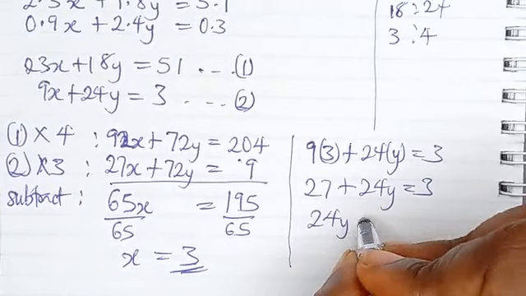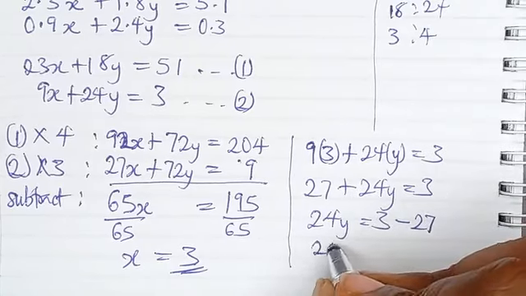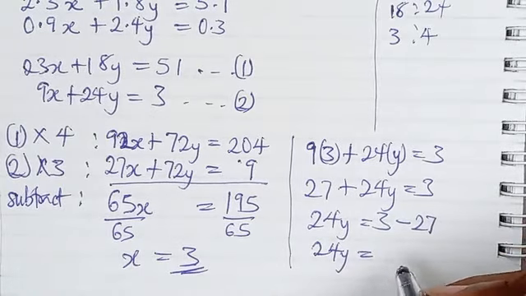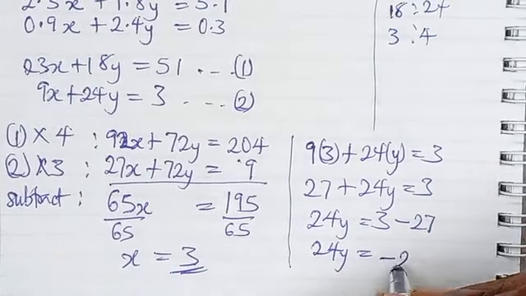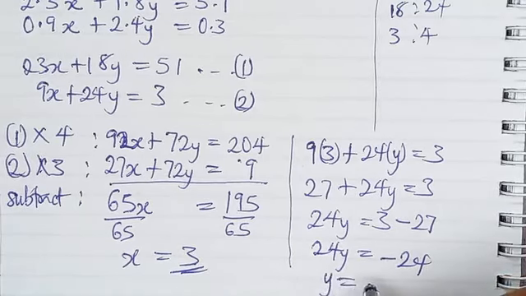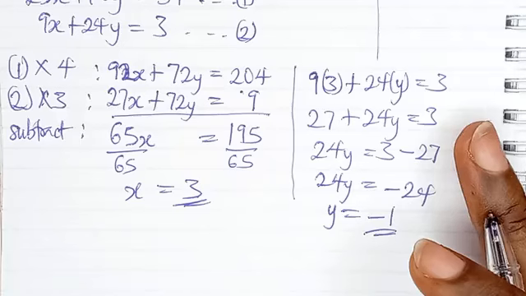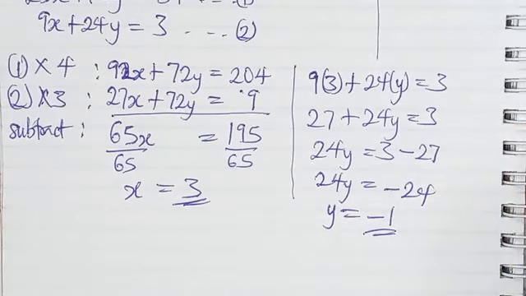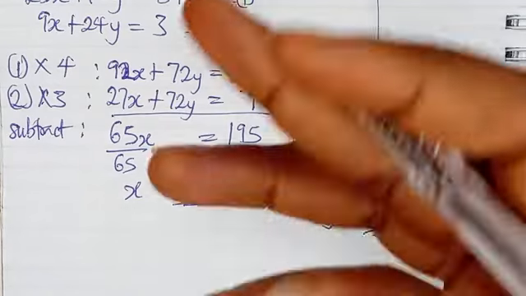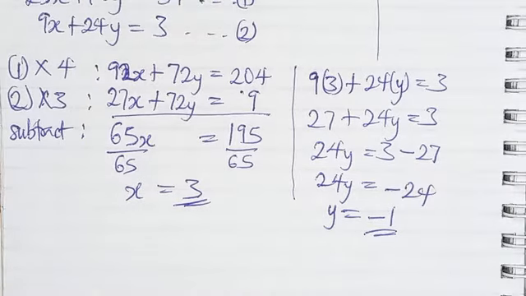We have 24y equal to 3 minus 27, which is minus 24. Therefore, we divide both sides by 24 to get y equal to minus 1. So the solution to the given equations is x equal to 3 and y equal to minus 1. Now you can go ahead, substitute, and confirm that it satisfies the given equations.